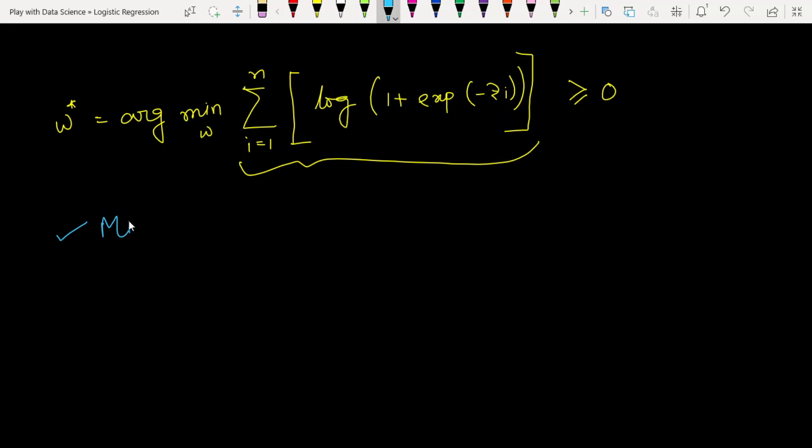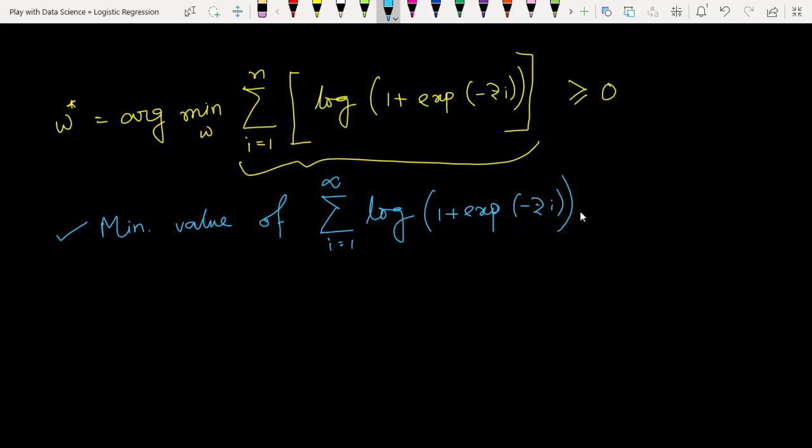So the minimal value of the summation of log of 1 plus exponential of minus zi is 0.